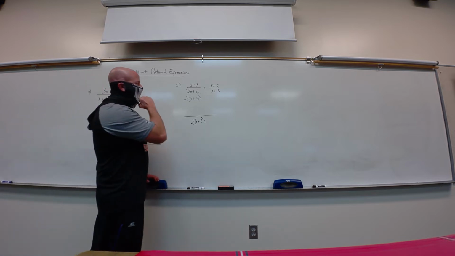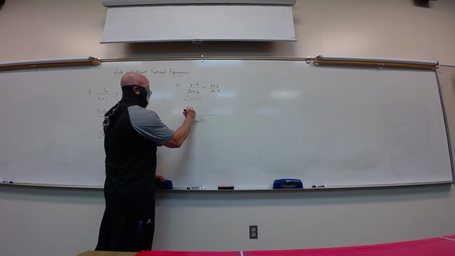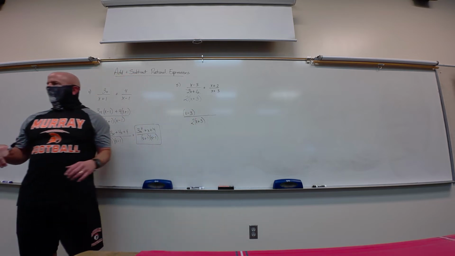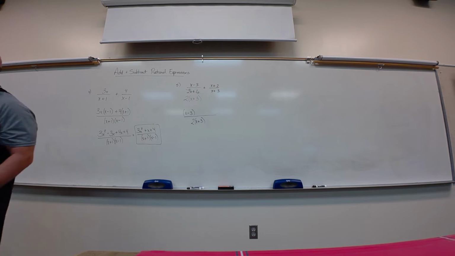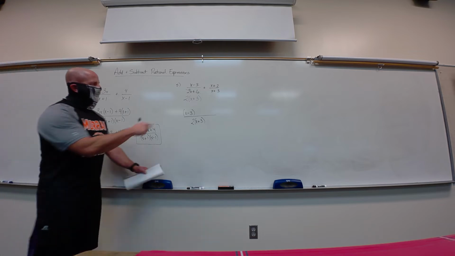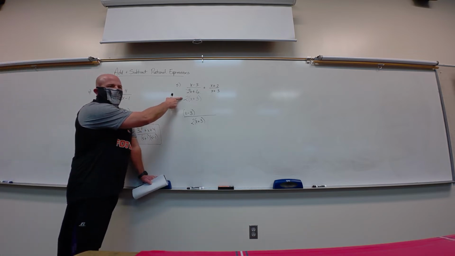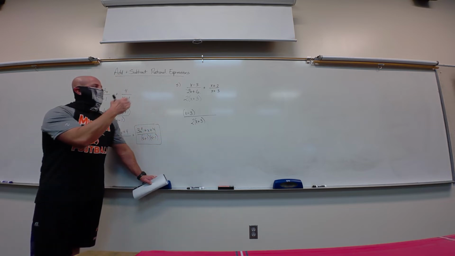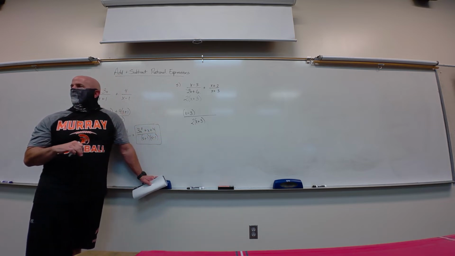Now I go to my numerator. I've got x minus 3. And it's what did I multiply the original denominator by, or that visual aspect we're looking right here. Hey, what's different between this purple one and this one? Nothing. So I'm not going to multiply that numerator by anything.